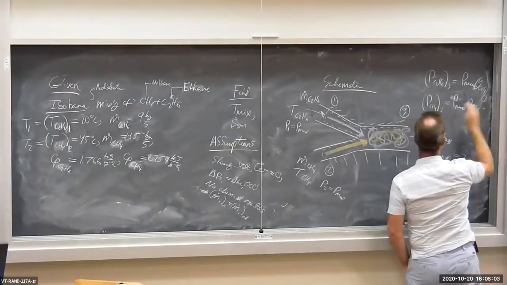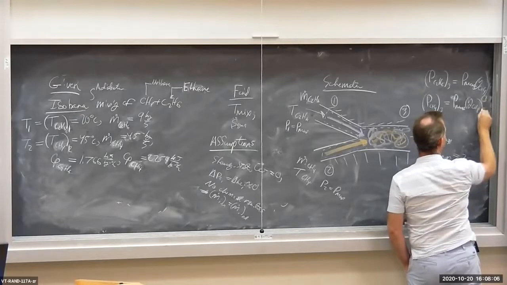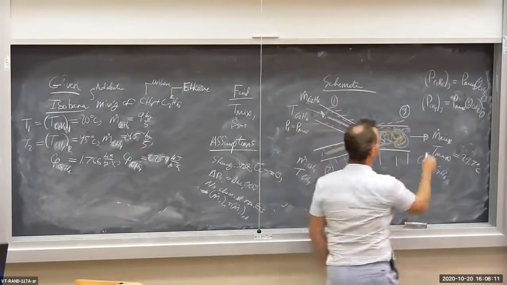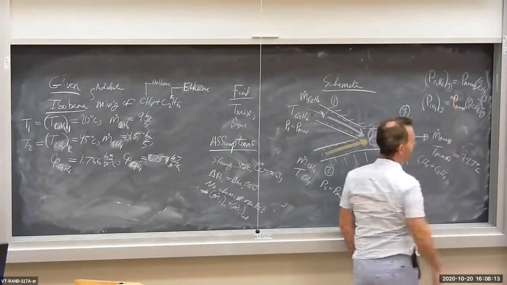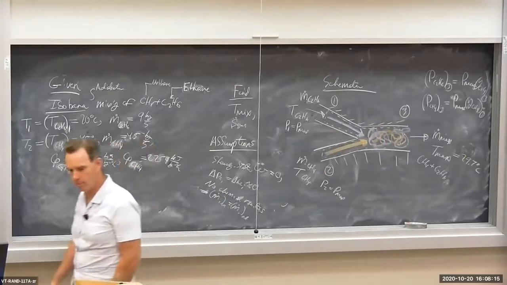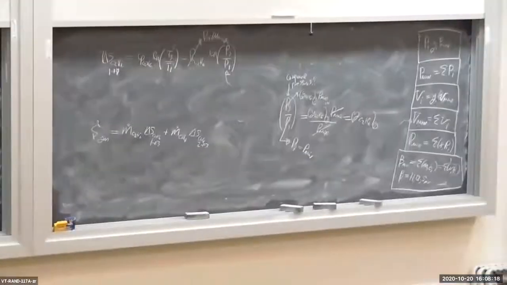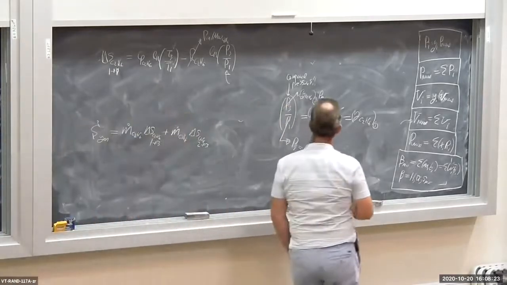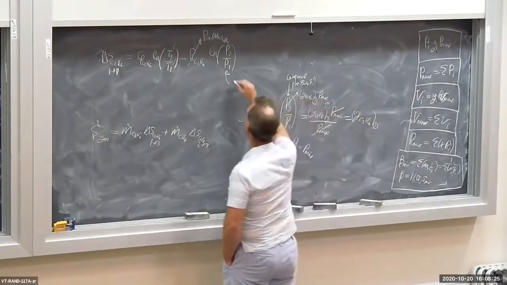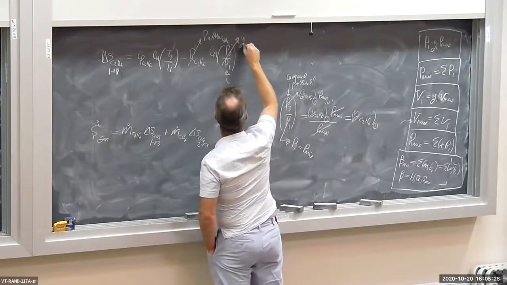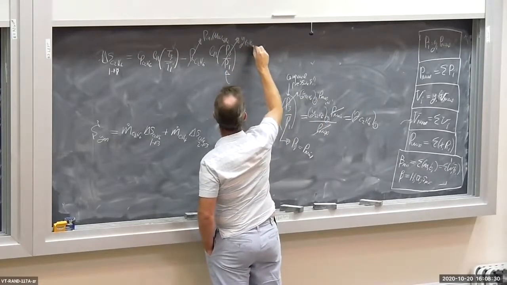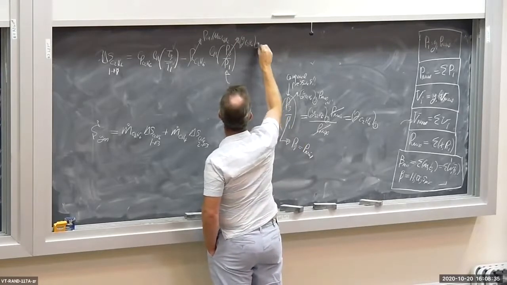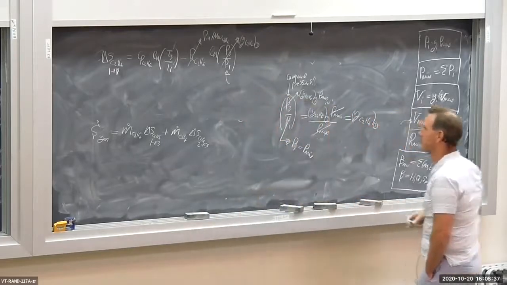This is at the outlet right here. So this term becomes the mole fraction of my C2H6 at the outlet.